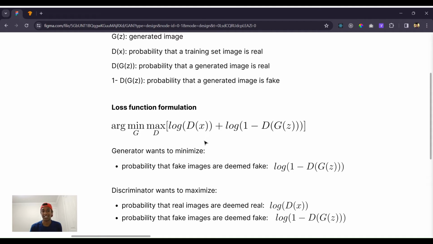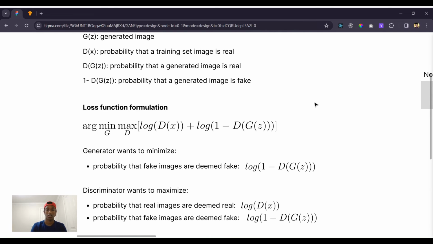It's solely relying on the feedback from the discriminator to update itself and to indirectly learn what a horse looks like. Okay, so the generator is just trying to minimize this expression right here, and the discriminator is maximizing this whole expression. I hope that made sense. If it didn't, just go back, rewatch it, and I hope you'll understand it.